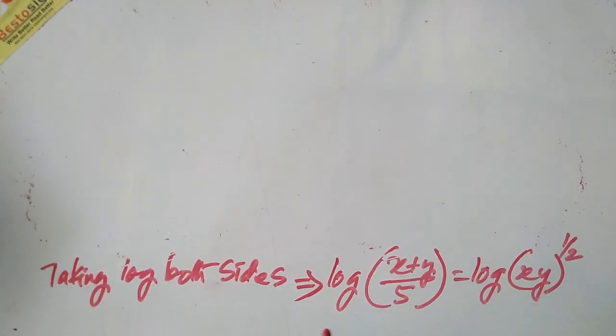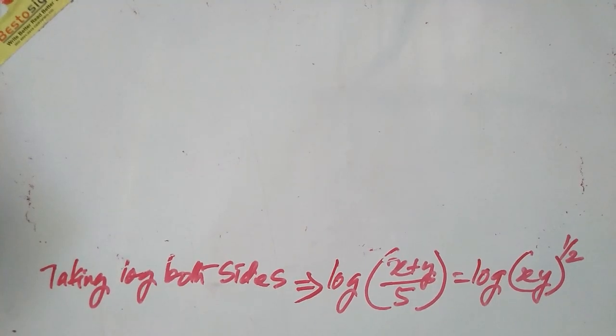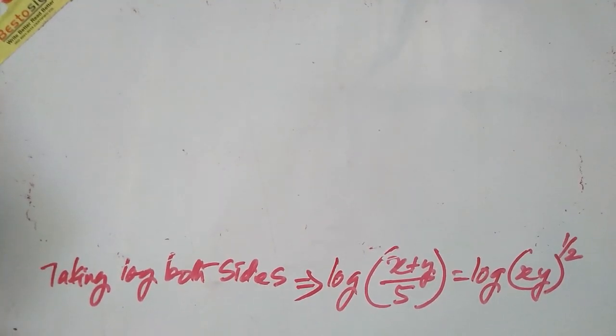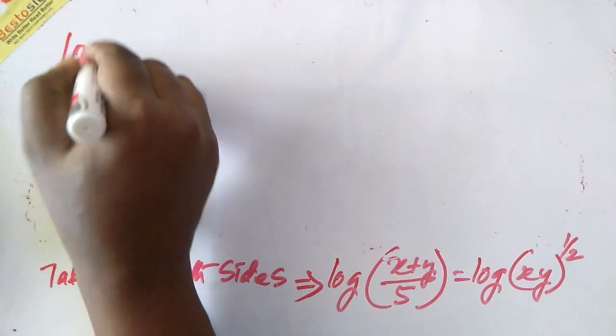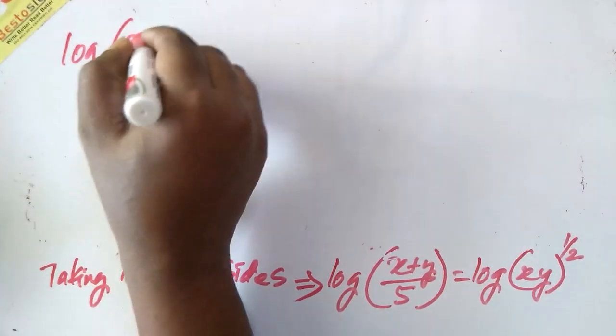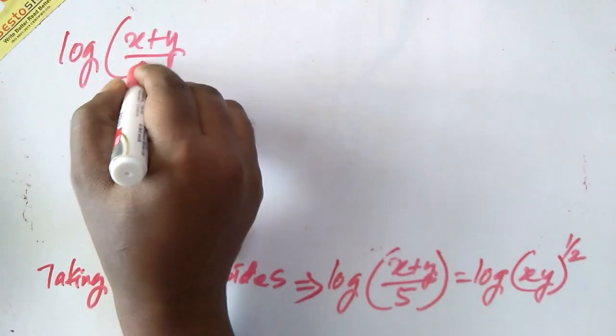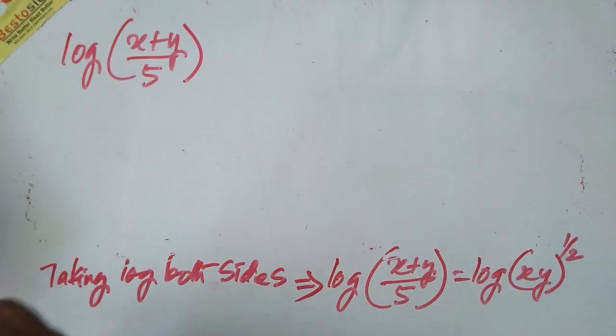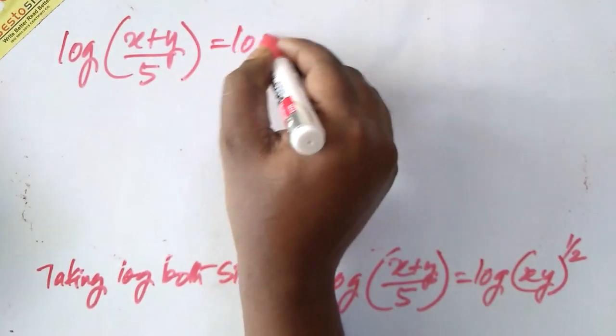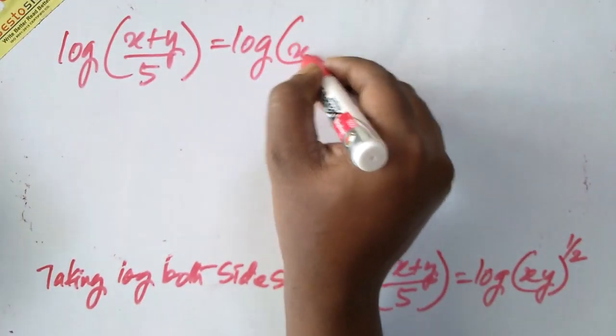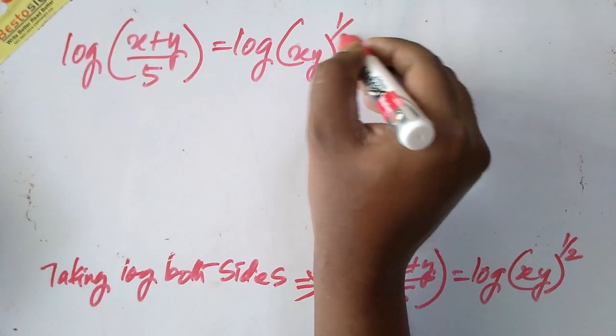We have log both the sides. Okay, taking log both the sides. I will be rewriting that over here. Log xy by 5 equals to log x into y to the power 1 by 2.